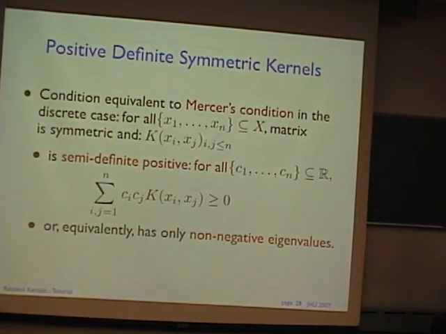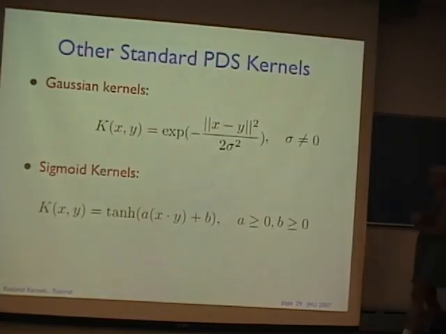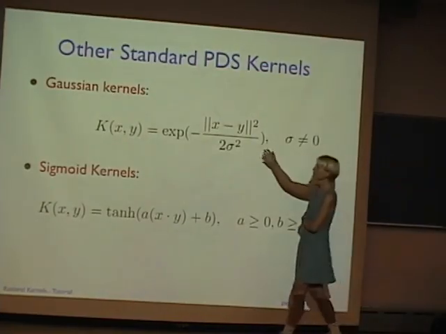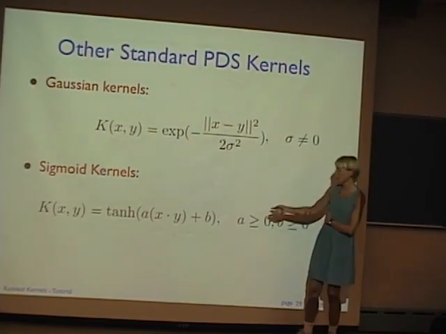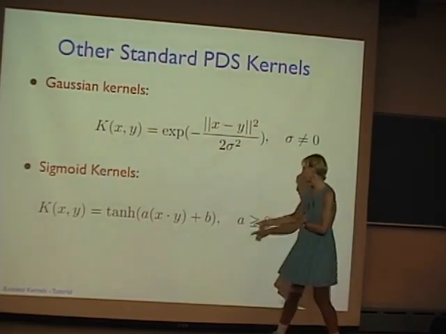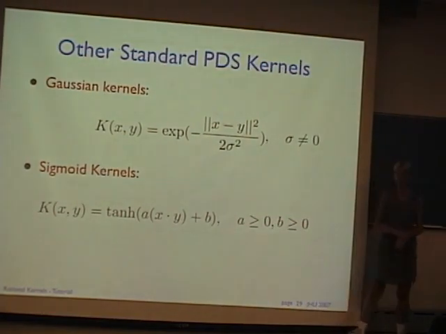And here are just some standard kernels that you find in all the standard software libraries. The Gaussian kernel, that is PDS, and the sigmoid kernel, where alpha, A and B have to be positive. So these are sound kernels that ensure that your optimization problem will converge to its unique solution. Feel free to use other kernels that may not be PDS, but there are no guarantees for where you end up.